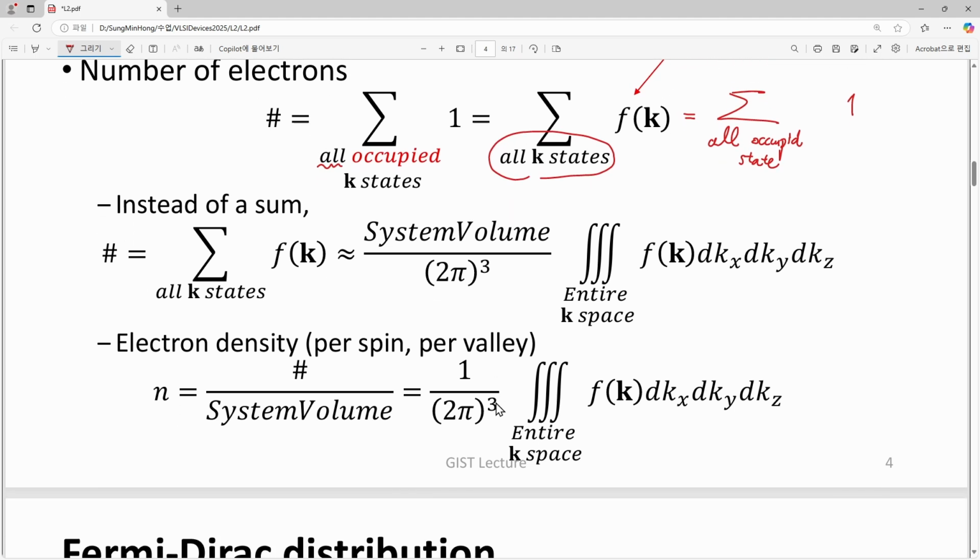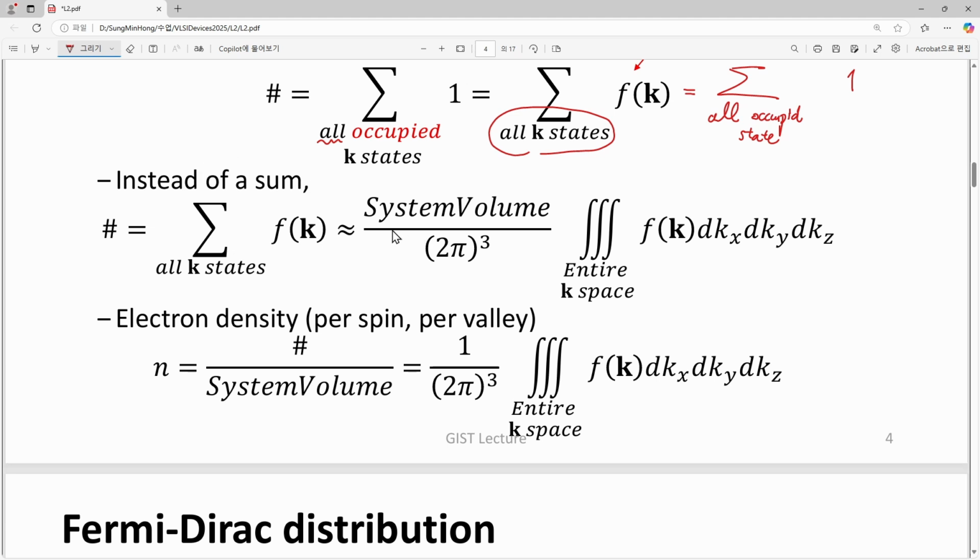Now this is the number of electrons and this is the volume. Then of course division of the number of electrons by this system volume will give us the electron density. This one has the dimension of per cubic centimeter, and here we have this simple form.